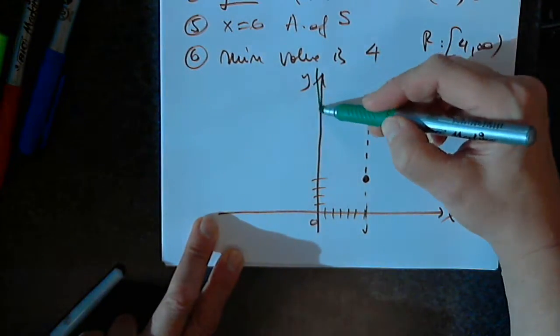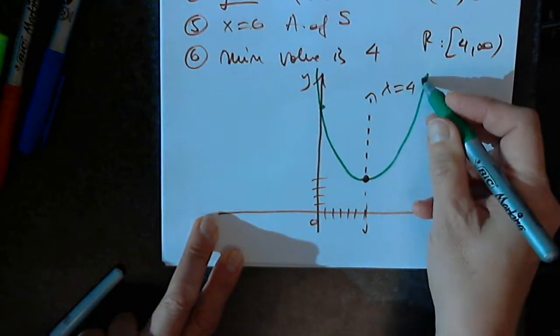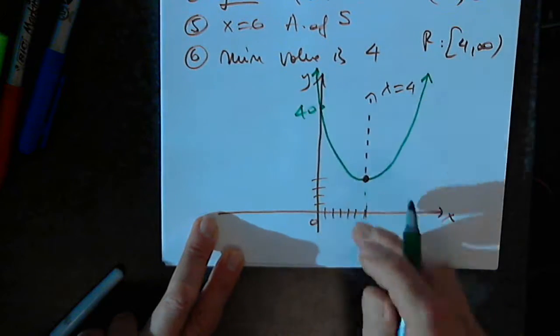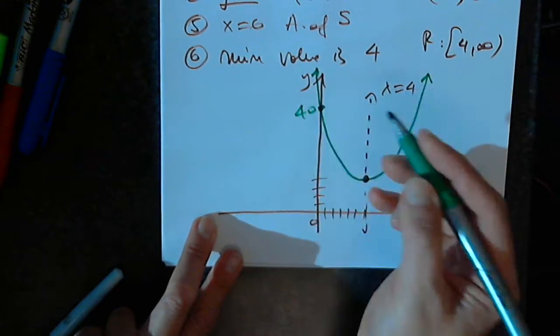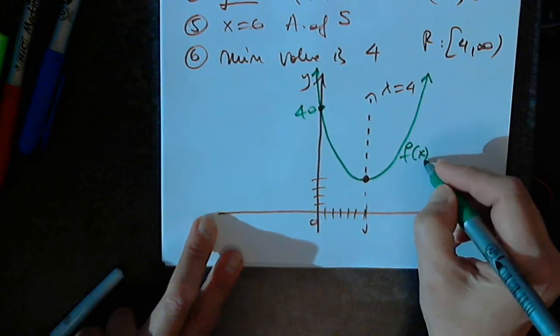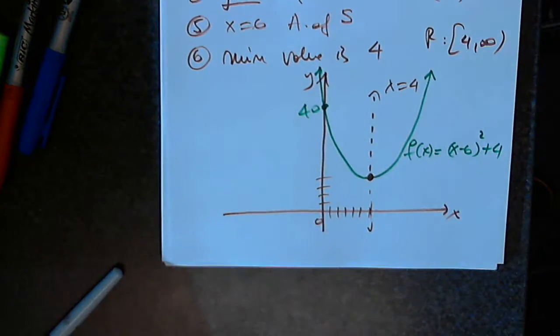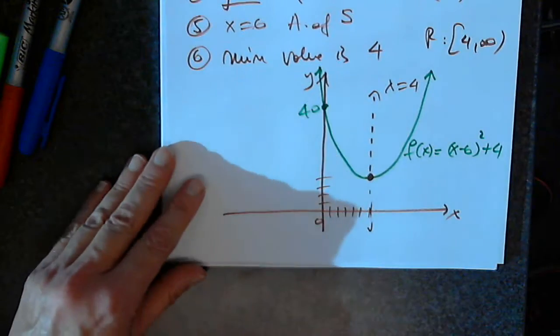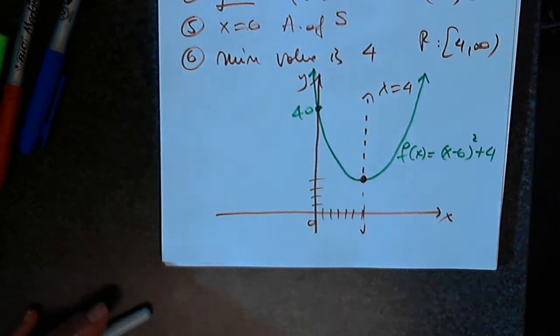So just bear with me, and let's say that that's 40. So here's the graph. So f of x equals x minus 6, everything squared, plus 4. That's the only difference. Just the vertex is easier to calculate.